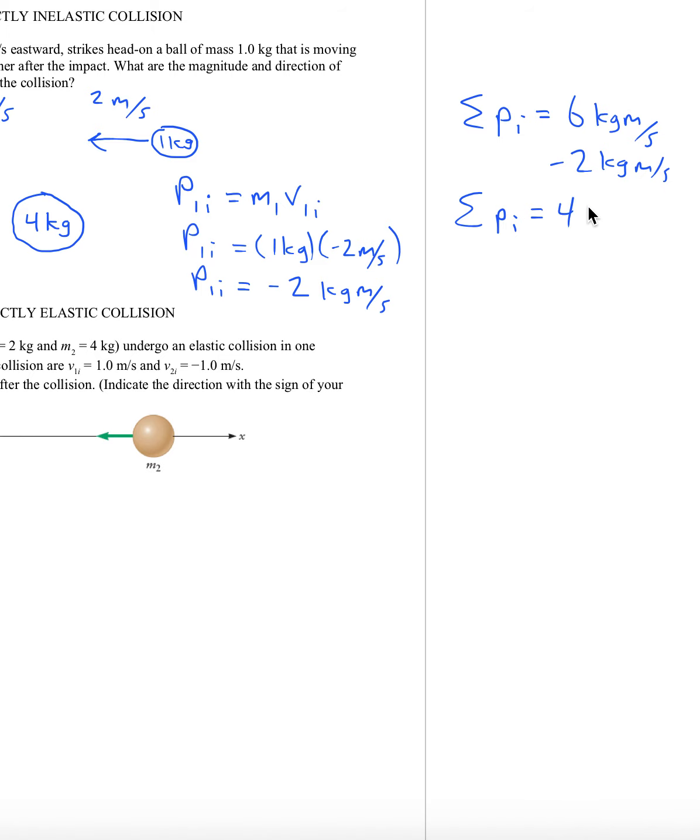That's 4 kilogram meters per second. What we need is the initial momentum to equal the final momentum. So the final momentum also needs to be 4 kilogram meters per second.